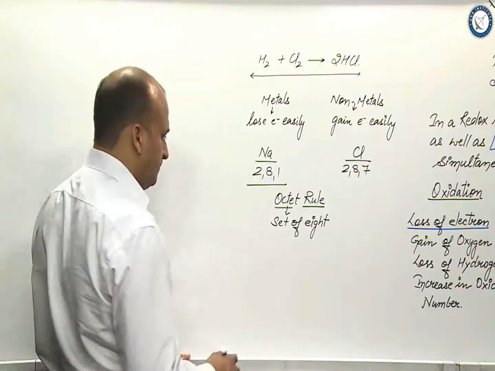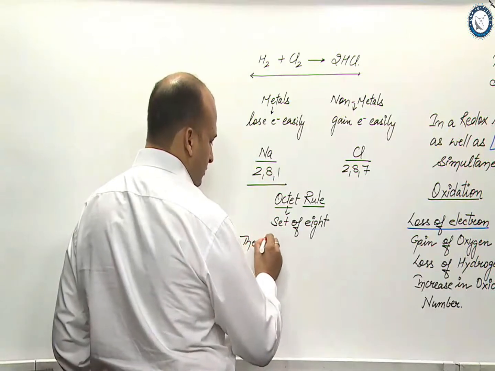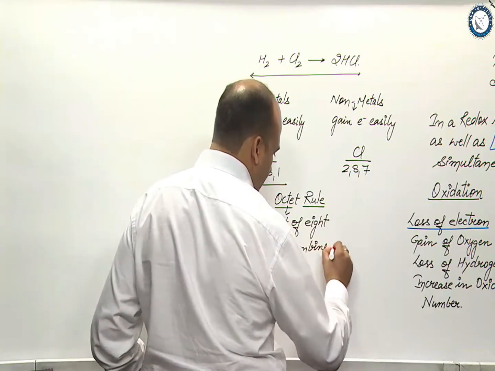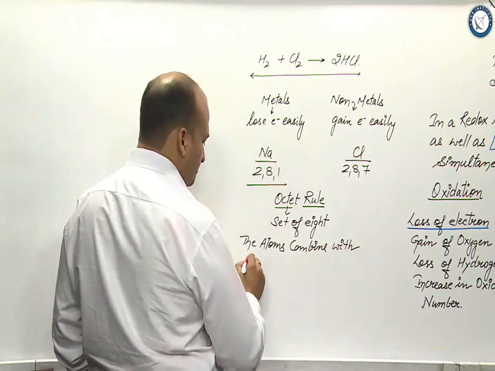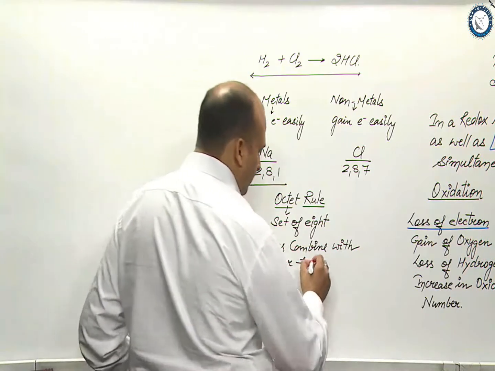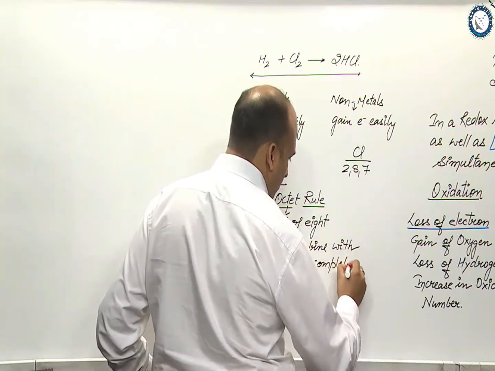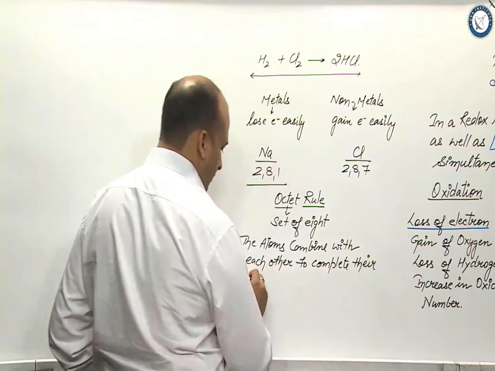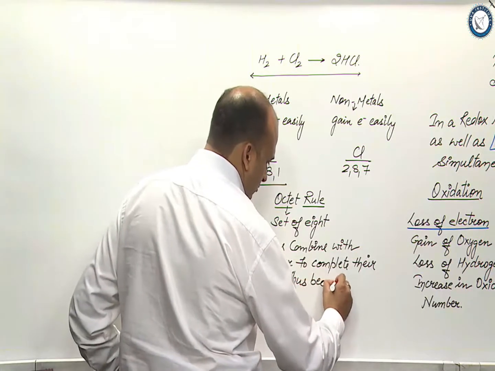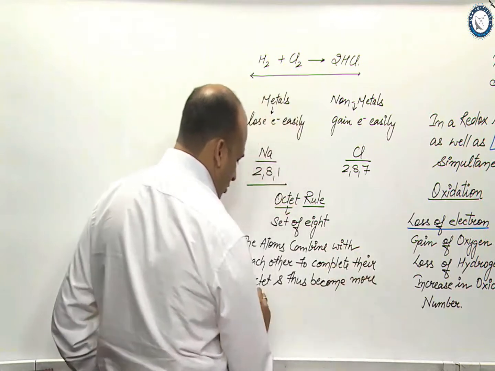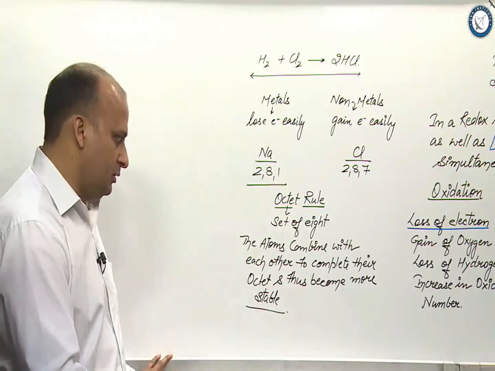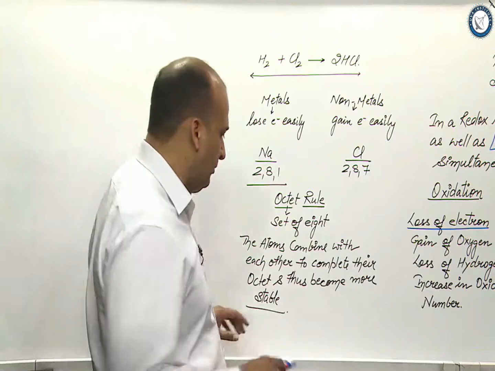What does the octet rule say? That the atoms combine with each other to complete their octet and thus become more stable. Now how can any element complete its octet?